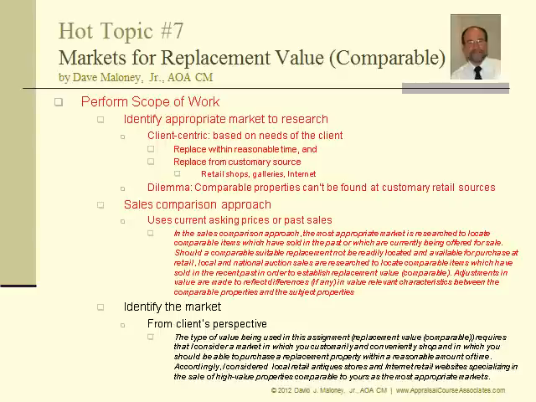I also note in my report that the type of value I am developing requires that I choose an appropriate market from my client's perspective, that is, the market in which the insured customarily shops.